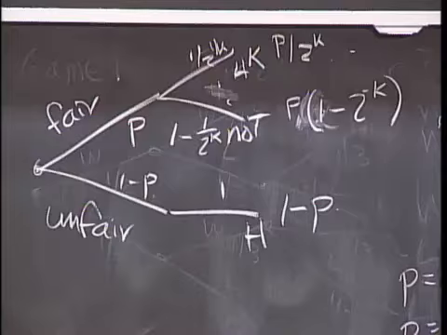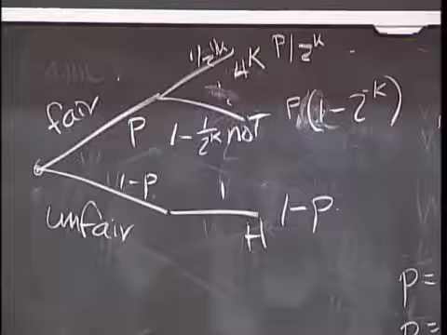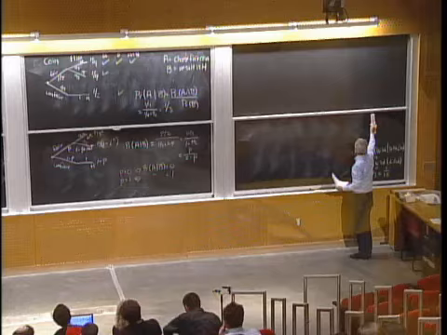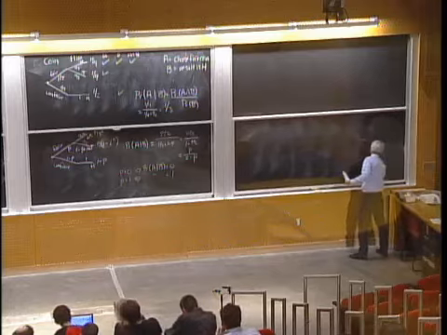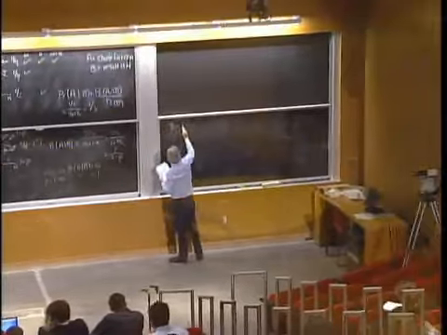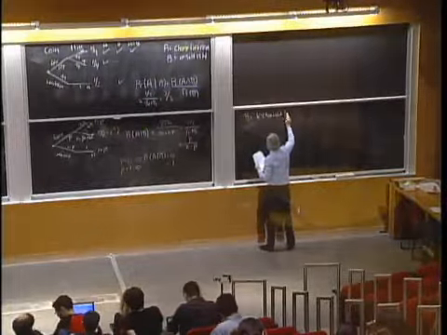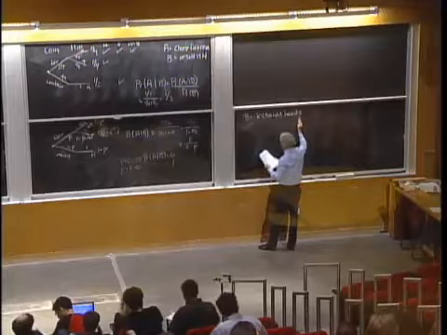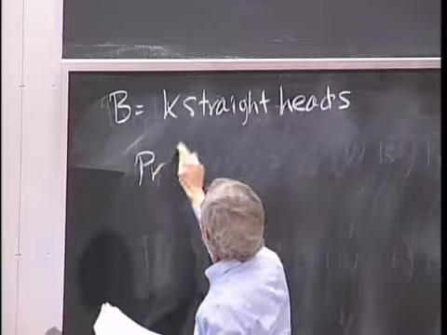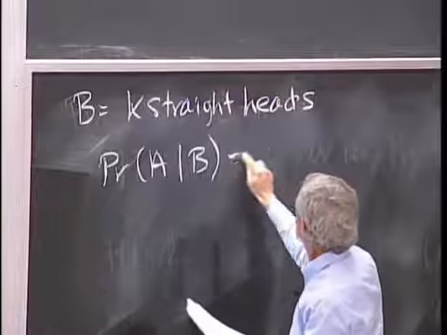Let's recompute the probabilities. I'm going somewhere with this in a minute. So now we're looking at the event that B is k straight heads come up. And I want to know the probability that I picked the fair coin given that it just never comes up tails.